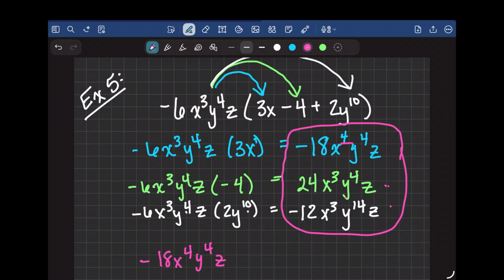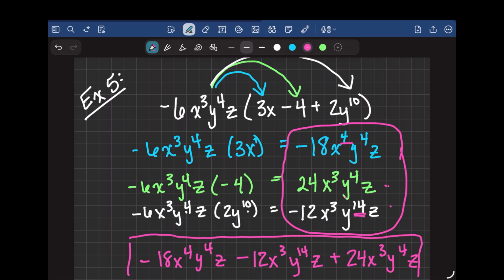So when I look at my two y's, I can see that my bottom one here has the highest exponent. So I'm going to write negative 12x to the power of 3 y to the power of 14 z next, and then I would end with my middle one of positive 24 x to the power of 3 y to the power of 4 and z. And if this one made sense start to finish, then you are an expert at multiplying monomials by polynomials.